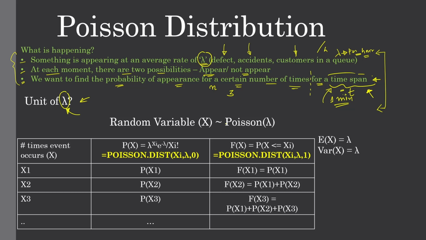So that is the thing. A random variable following a Poisson distribution will have only one parameter, which is lambda. Unlike binomial, where we have seen that we had two parameters n and p, in case of Poisson distribution, we only have one parameter, that is lambda.